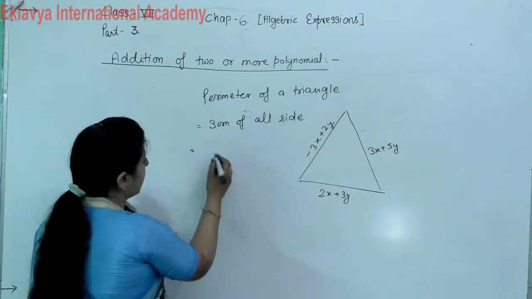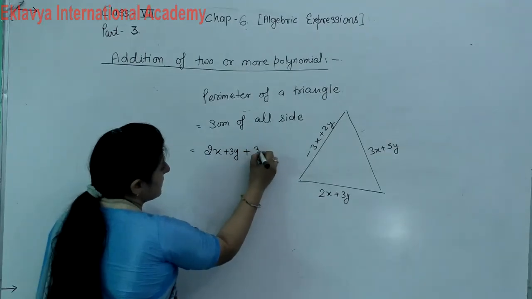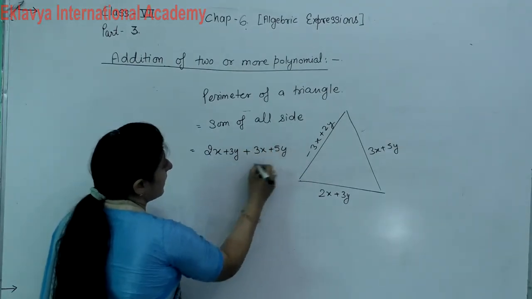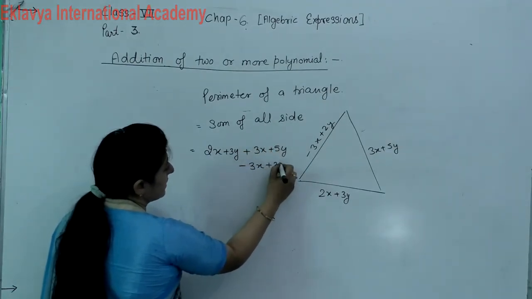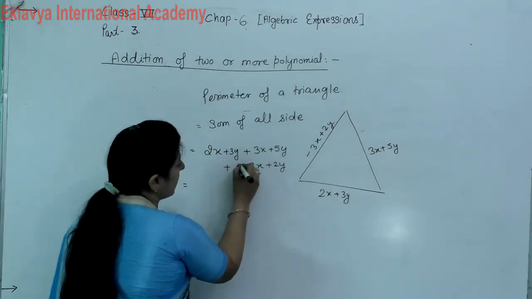Then the sum of all sides: write down the values 2x plus 3y, plus 3x plus 5y, minus 3x plus 2y. You can write this like this also.